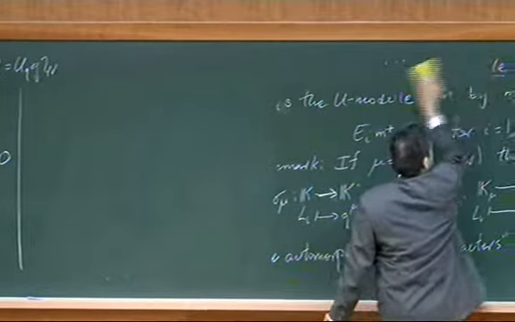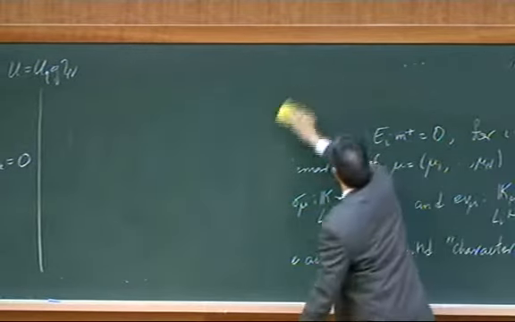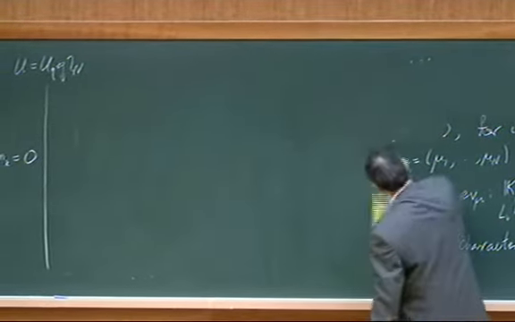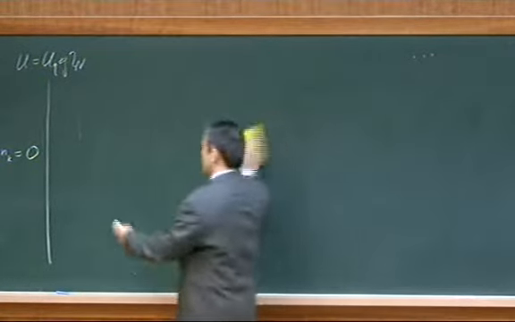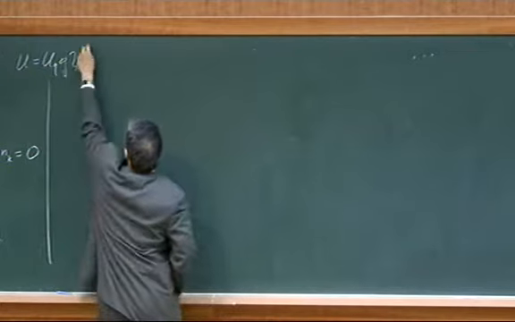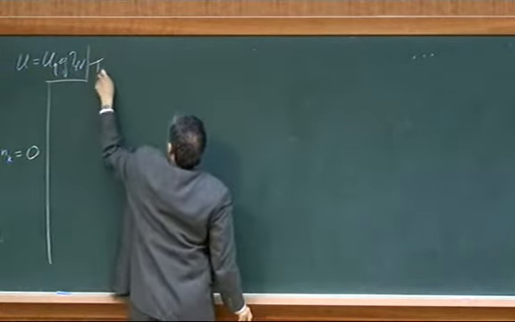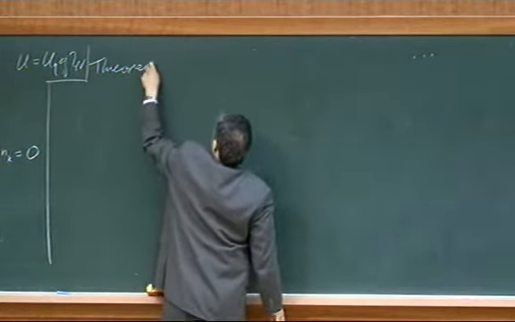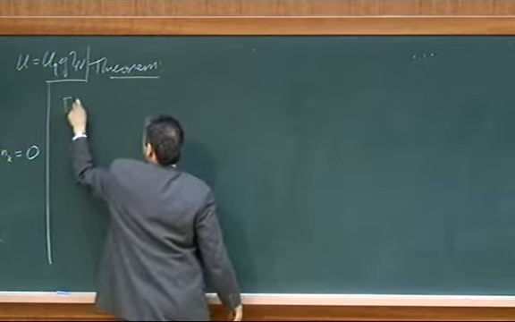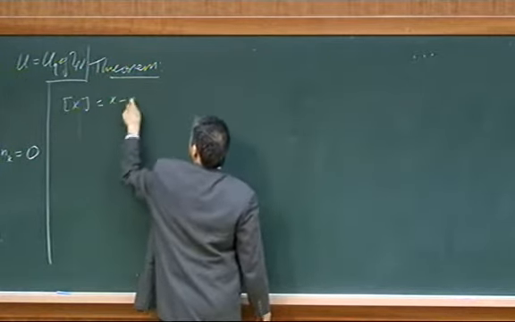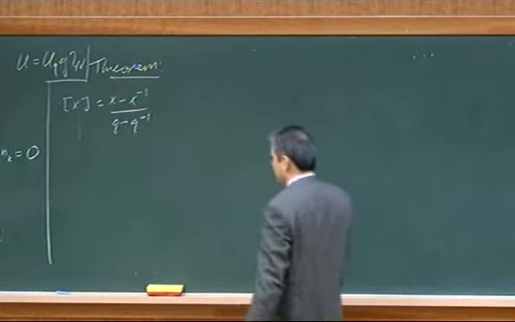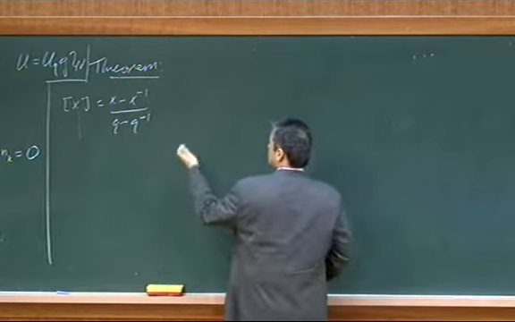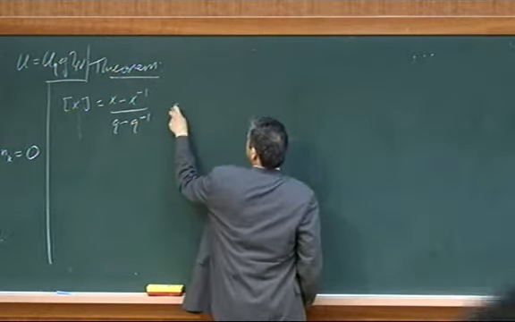So let me see if I can tell you the answer. So this is the theorem. I need some notation first, of course. The q-analog of x is x minus x inverse over q minus q inverse.